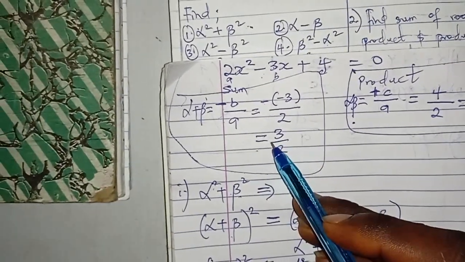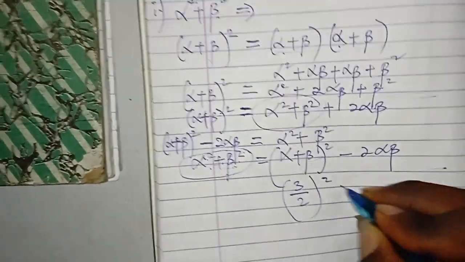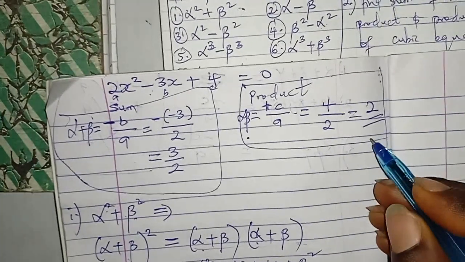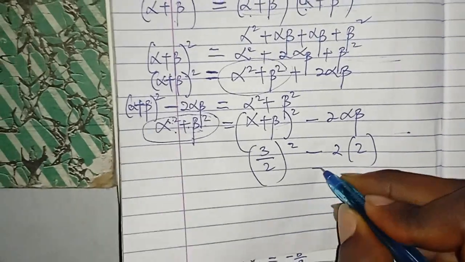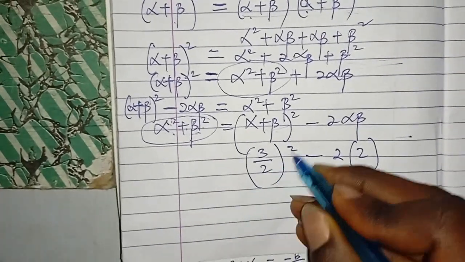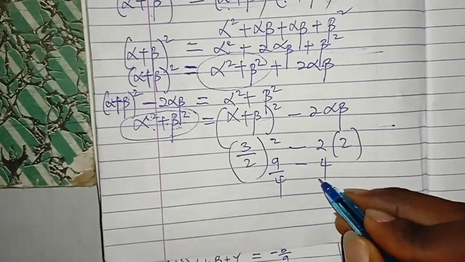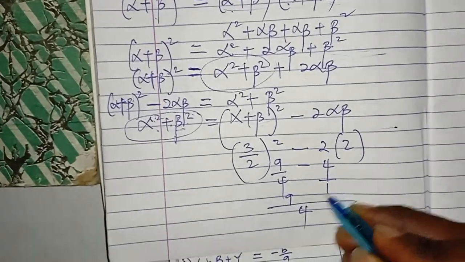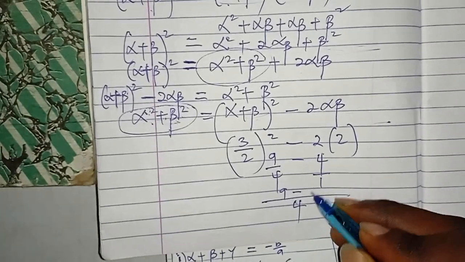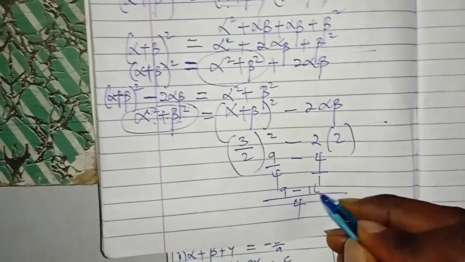So I now know that our sum of roots for this equation is 3 over 2. I'll put 3 over 2 all square minus 2. Product of roots is 2 here. So 2 times 2, so this is going to be minus 4. 3 square is 9. 2 square is 4. I see it all over 1. So if I take LCM 4, this is 9 minus 4 times 4, 16.